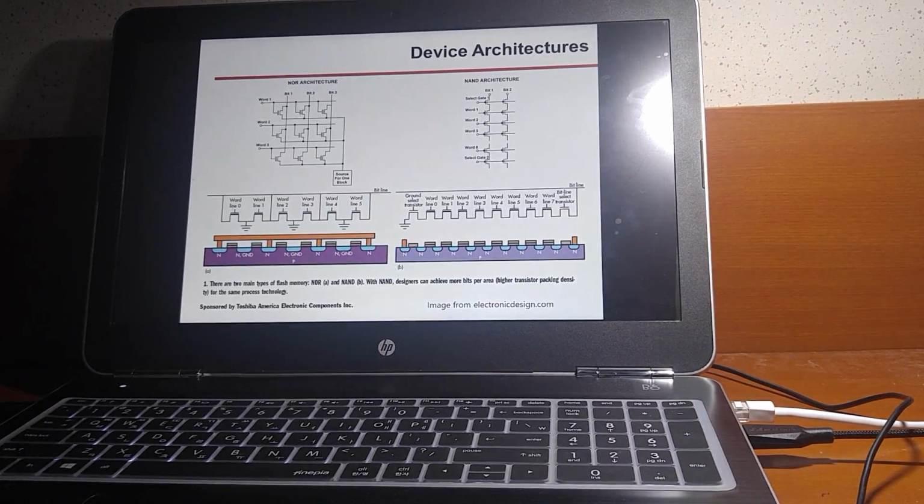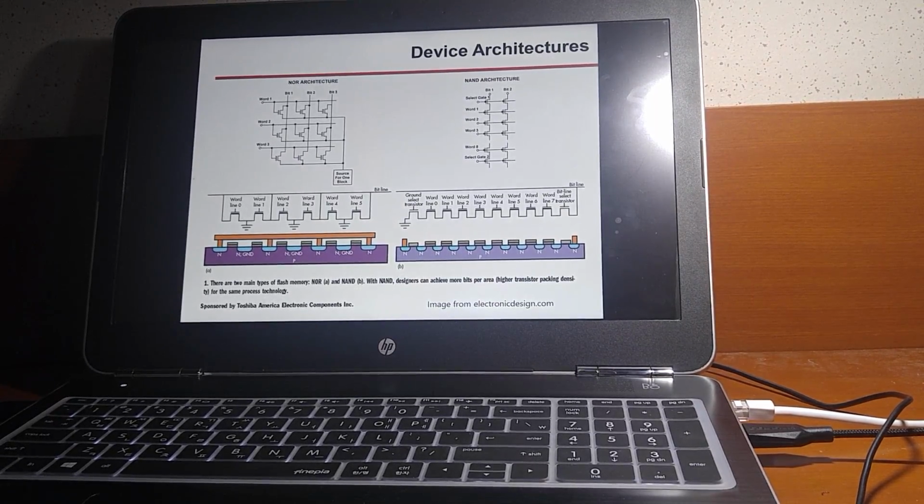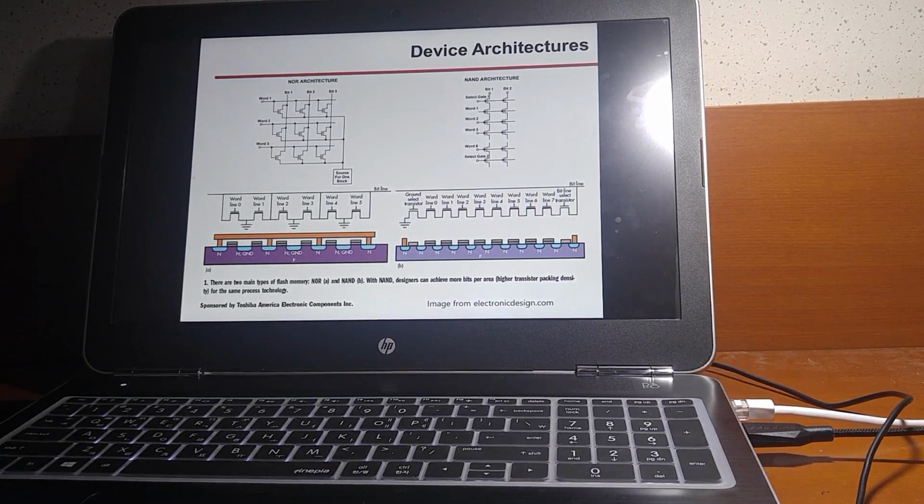And for the NOR architecture, it is very easy to access, but each cell is very big compared to NAND. So each space is going to be very big.